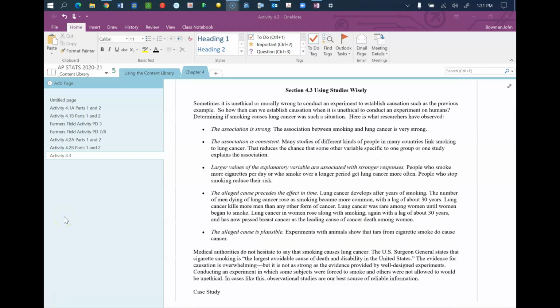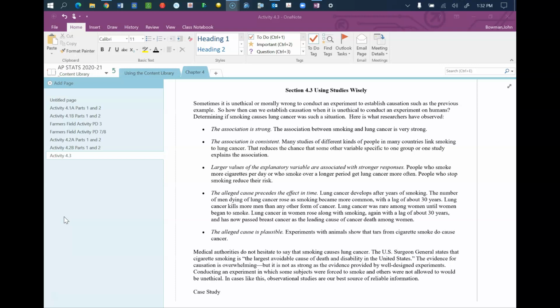So at this point, you might be asking yourself, well, how do we make any sort of cause and effect conclusions, particularly for humans, if the only way to do that for the entire population is to randomly select them and then impose treatments on them, which is clearly highly unethical?